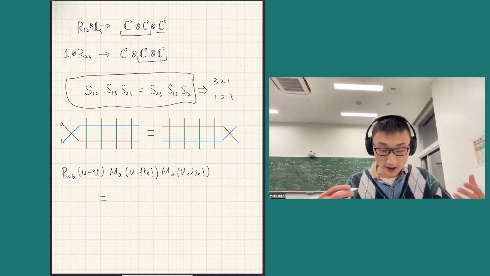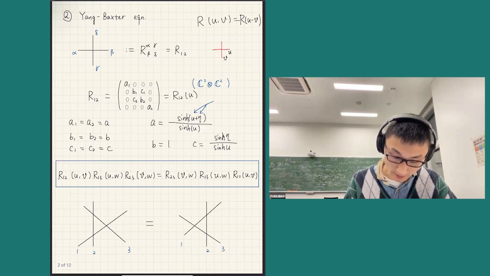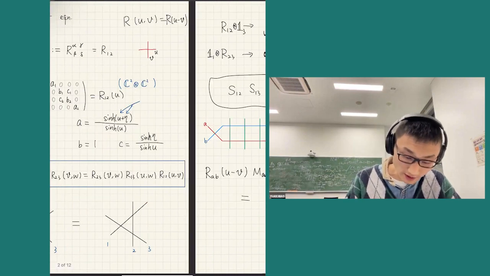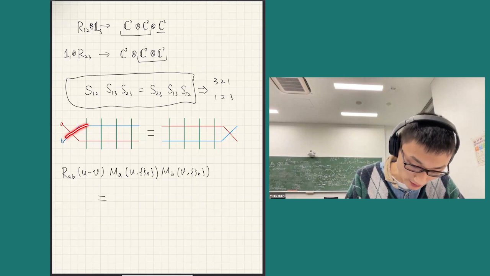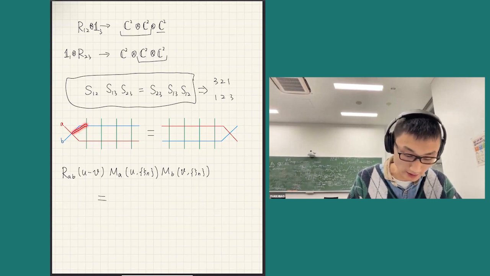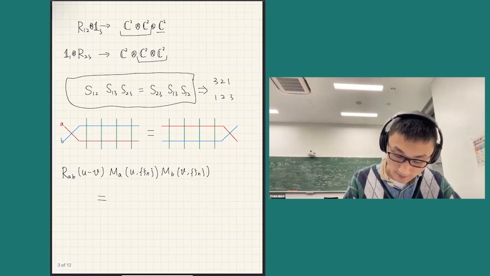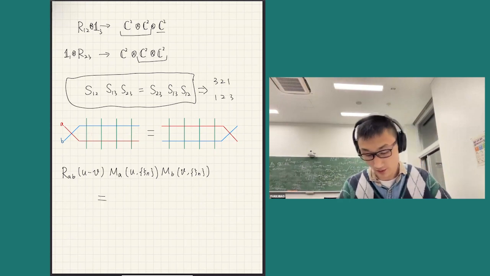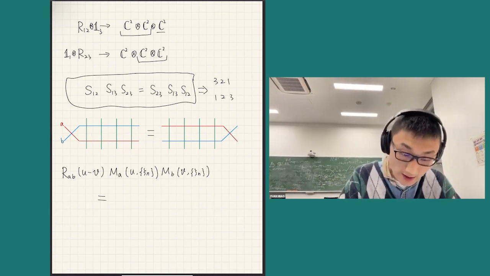By applying the Yang-Baxter relation, which I showed here in this diagram, recursively, I first apply it with these three indices, and then I will essentially move this R matrix to the right. In the meantime, I exchange A and B in this matrix, and as you can see, you can do it recursively. So you can push it all the way to the right, which is called the train argument.